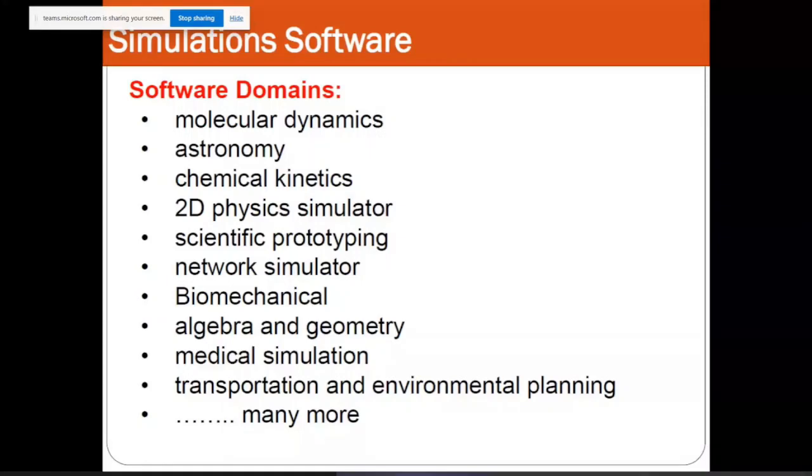Okay, biomechanics, algebra, geometry, medical simulation, transportation, and environment planning. So there are a large number of domains where we need to explore applying machine learning. But the thing is that we don't have that data. Then we first go through and read the software, then simulate it.